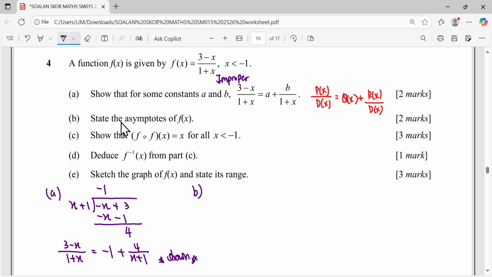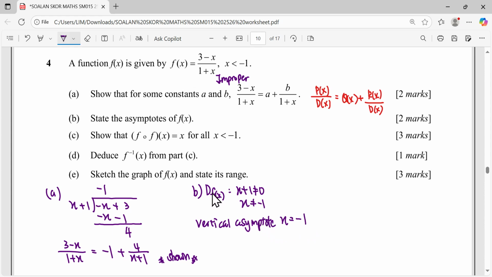Question B, state the asymptote. For the asymptote, we can look at the domain and range. Reading the domain from the proper fraction here, the denominator is not equal to 0, so x is not equal to negative 1, which means that the vertical asymptote happens at x equals negative 1.